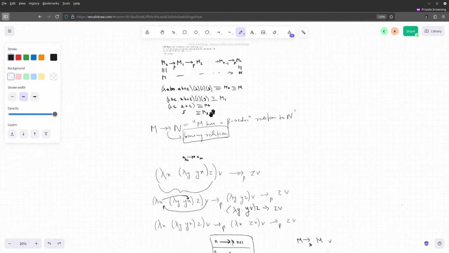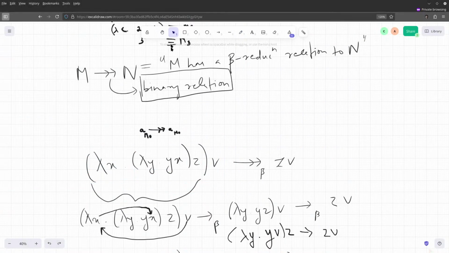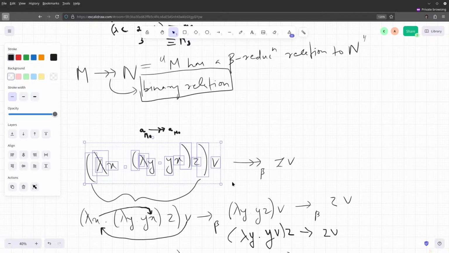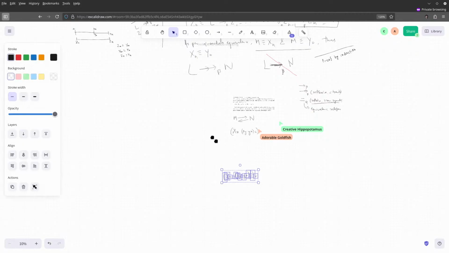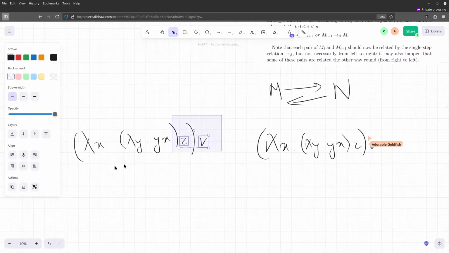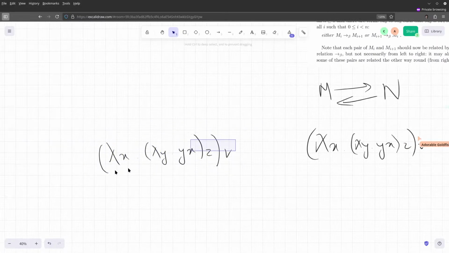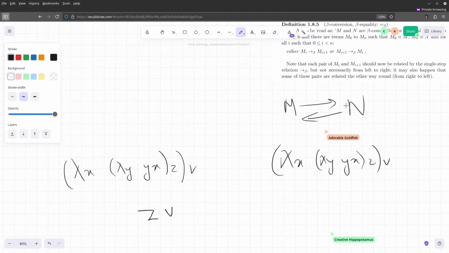We ended up reducing this lambda term to zv, right? But you said that we can do it backwards.